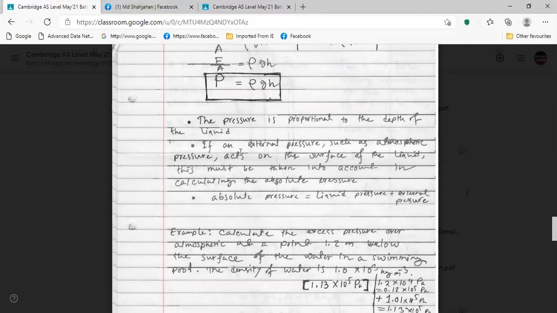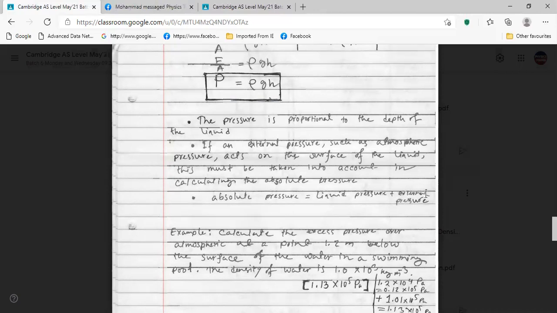Then second point is if there is an external pressure like atmospheric pressure acting on the surface of the liquid, this pressure should also be added to get the total pressure, or we say absolute pressure. So absolute pressure equals liquid pressure plus external pressure. Are you done with writing these 3 points?